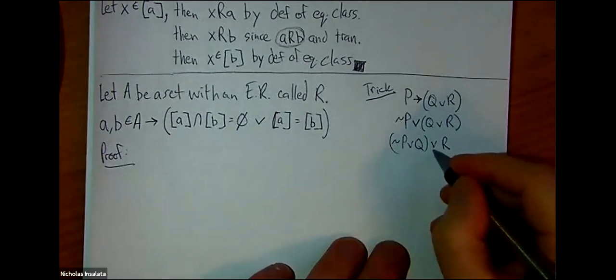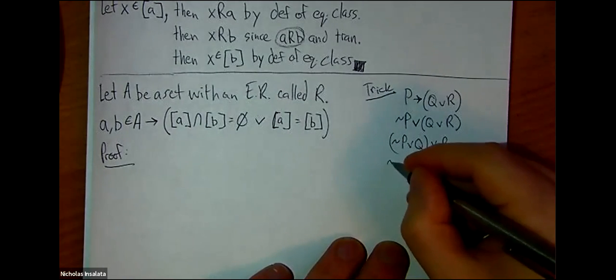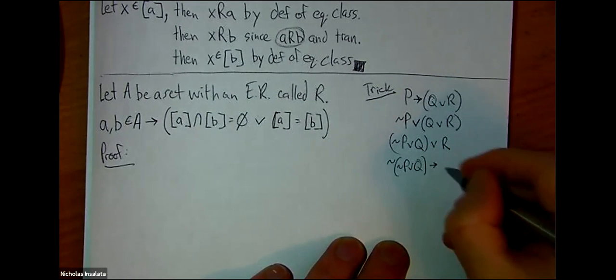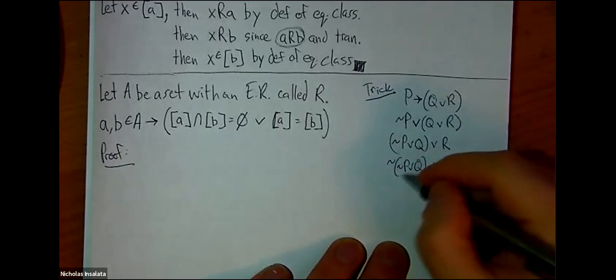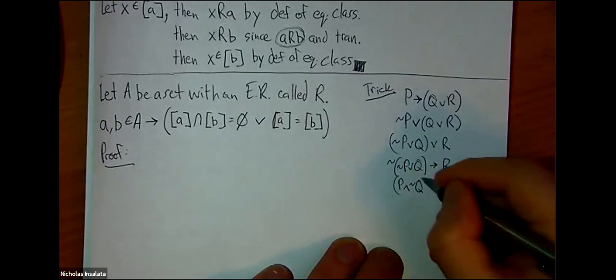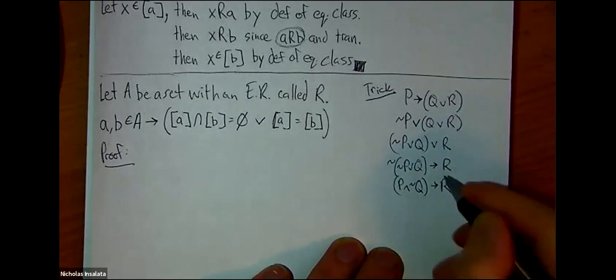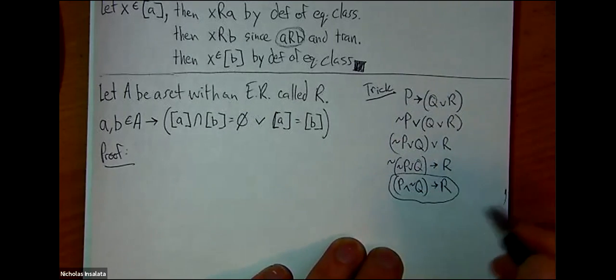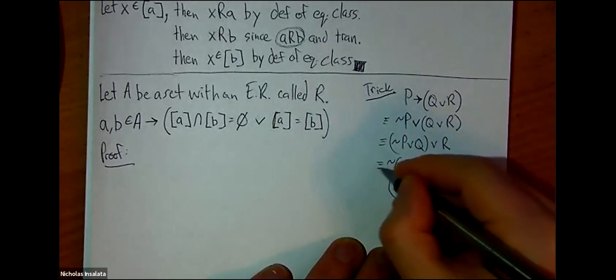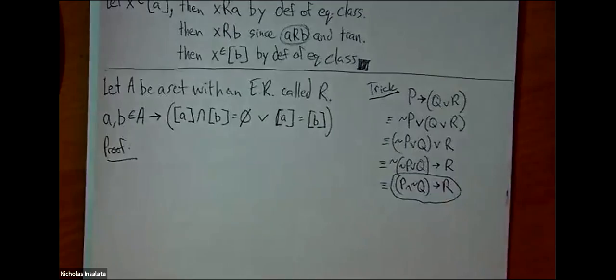Excellent. We can transform this one into an arrow. So we'll say not P or Q implies R. And then, of course, I can distribute the not. So I'll have P and not Q implies R. And that's what I want to prove. It's the same thing. These are all logically equivalent, right? They are exactly the same thing, right?